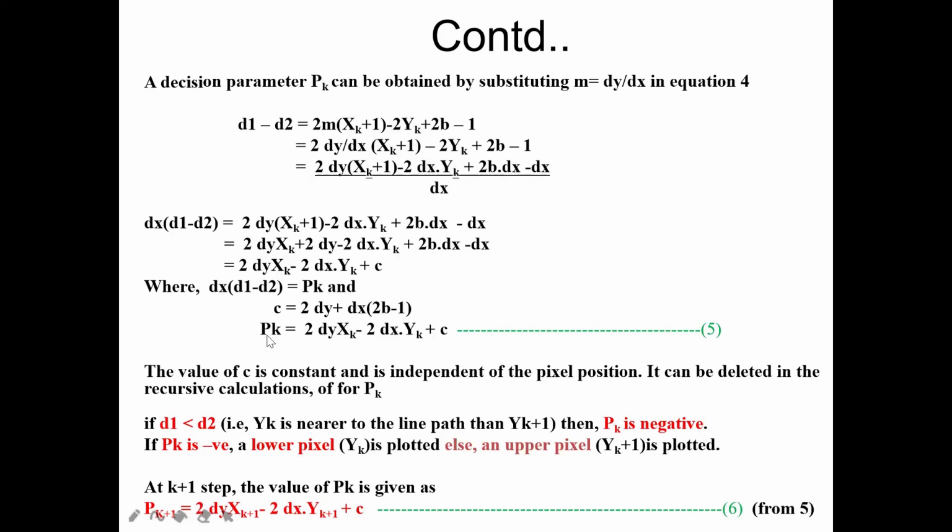In this way, pk plus 1 will be equal to 2 dy xk plus 1 minus 2 dx yk plus 1 plus c. From here, you have to derive the next equation, that is for your pk plus 1. So this is the algorithm. Moving towards the next part. So here you can see.